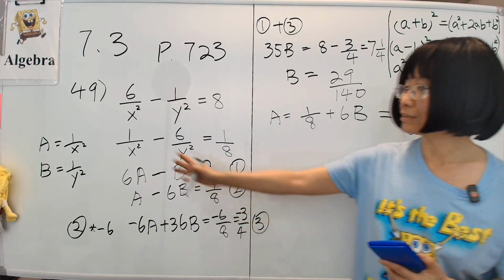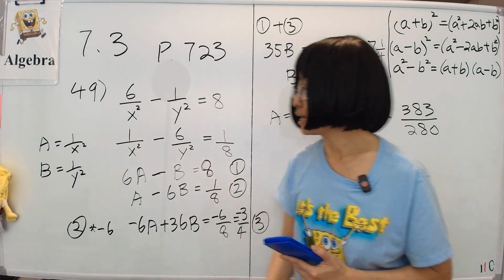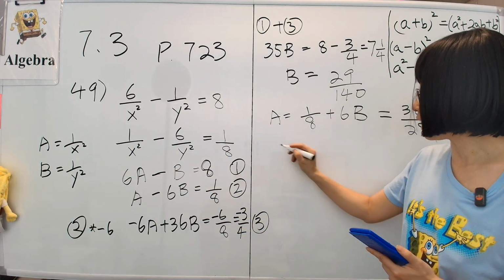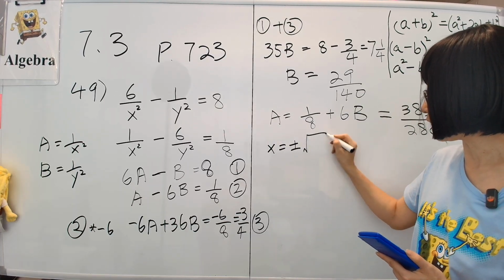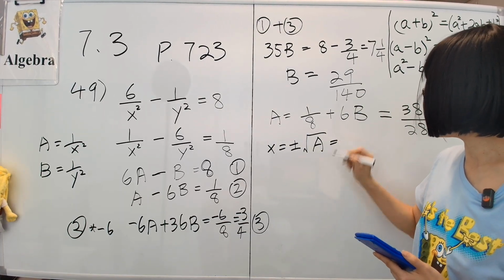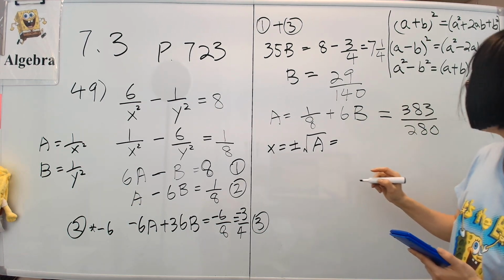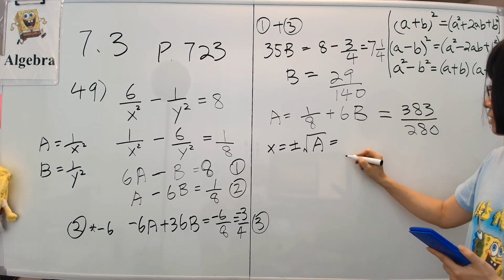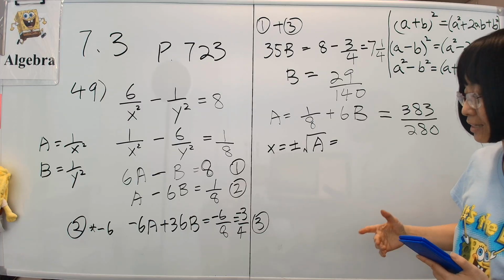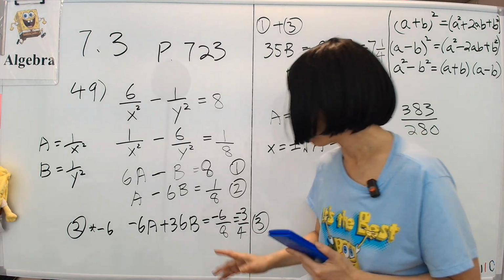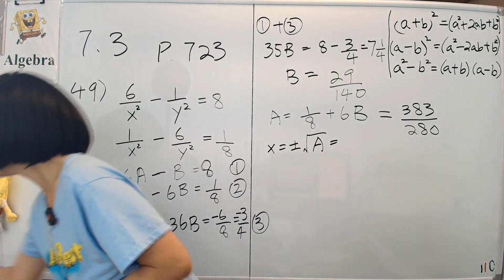We have originally said that a equals to x squared. So x then is equal to plus or minus square root of a. Okay, and that is equal to what was a again? That thing. Okay. So no, it's not plus or minus square root of a. I said that wrong. It's plus or minus 1 over square root of a.